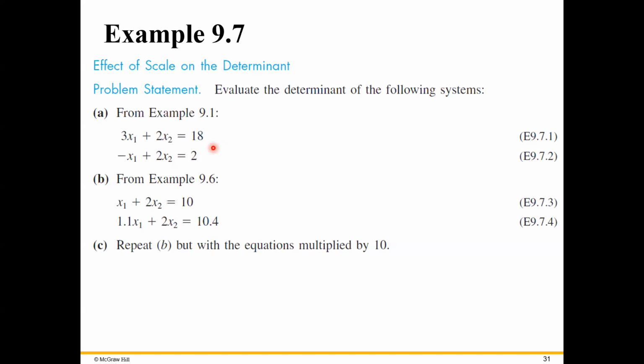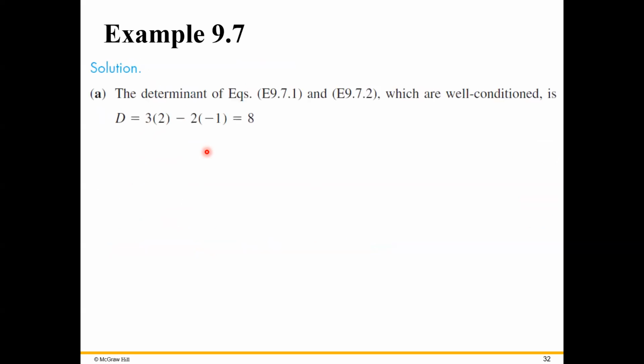The same thing will happen if we multiply the equations by 10. The determinant will also be multiplied by 10 for each equation, and because there are two equations in this case, the determinant will be multiplied by 100. We can see that very easily.